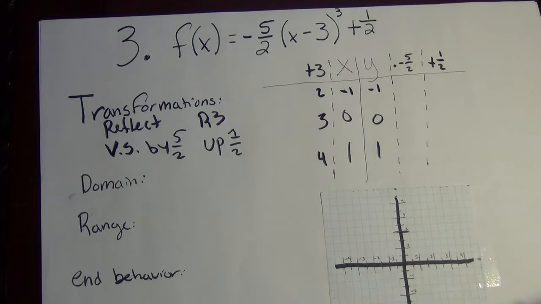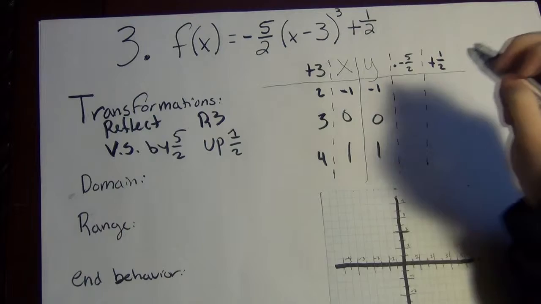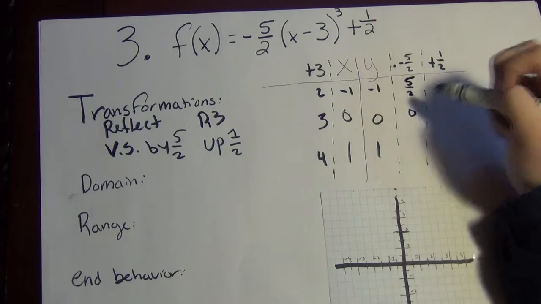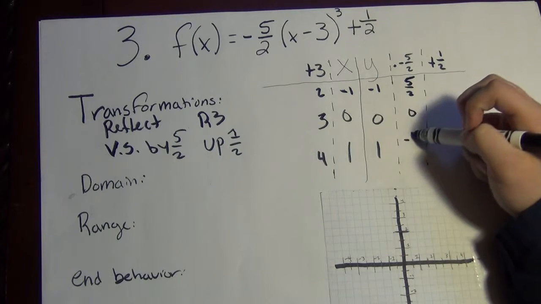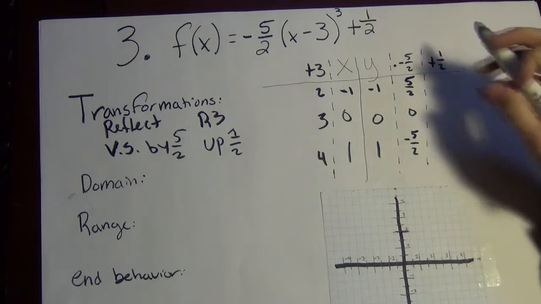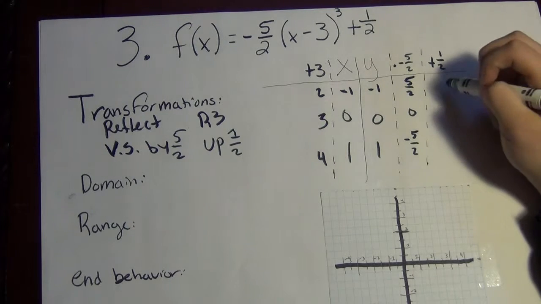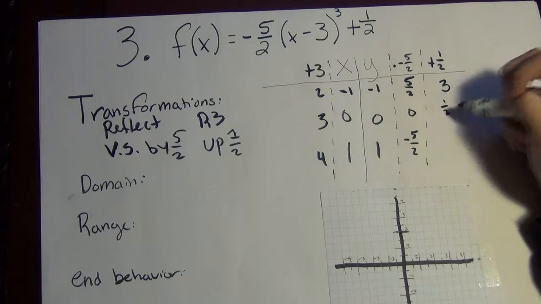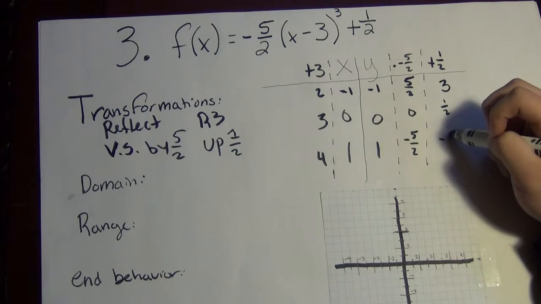And then for the y, we're just going to multiply by -5/2, which times -1 is just 5/2. This is 0, and that is -5/2. Alright, and then all you're going to do here is add 1/2. So this would be 3, this is 1/2, and this is -2.